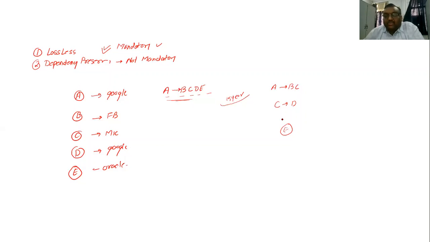It is possible. So at that time the relationship is A belongs to B, C, and C belongs to D. This relationship is there, but A is not in touch with E. What is necessary?